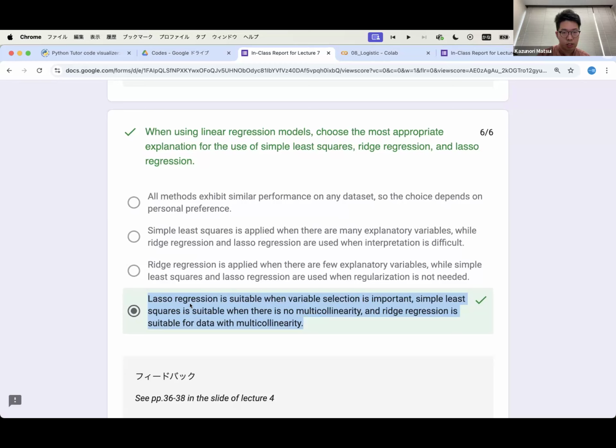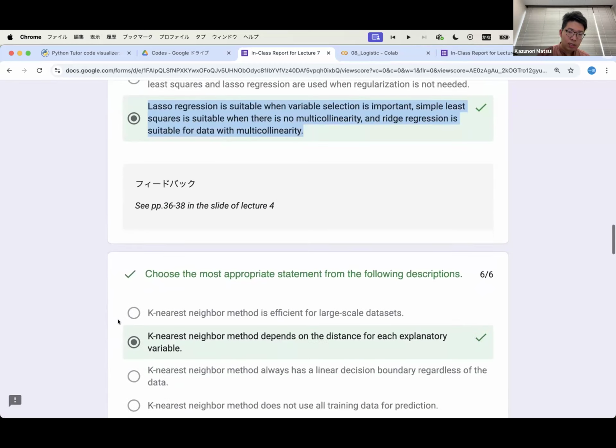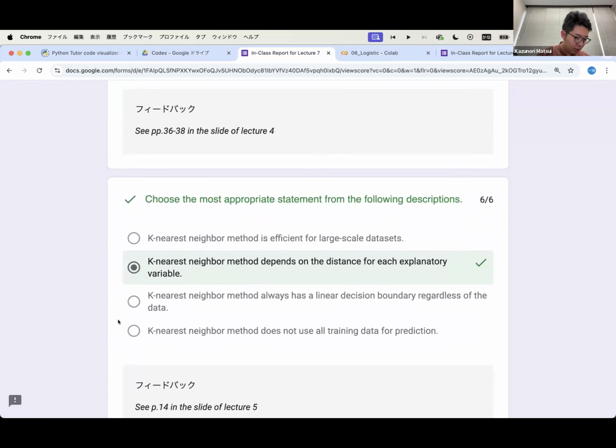Simple least squares is suitable when there is no multicollinearity, and ridge regression is suitable for data with multicollinearity. That is the correct answer.